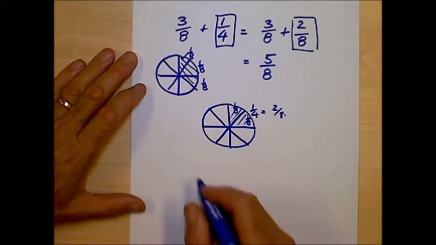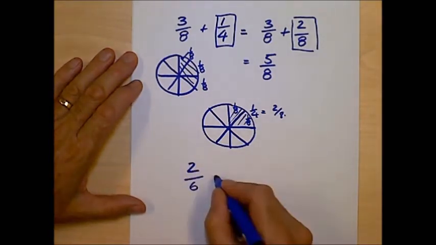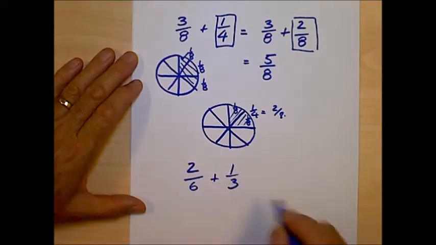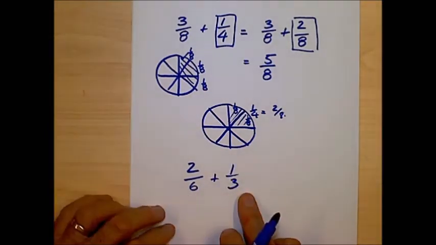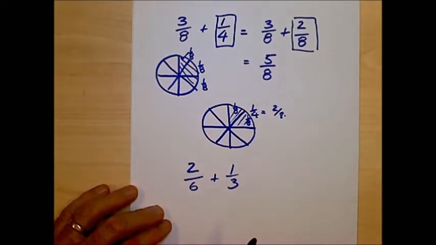If we had, for example, another problem where we had 2/6 plus 1/3, again, we can see that we're looking at different size parts. So we need to make the parts the same size, which means that the denominators will have to be the same size. Well, I can make the denominator 3 into 6 by multiplying by 2.